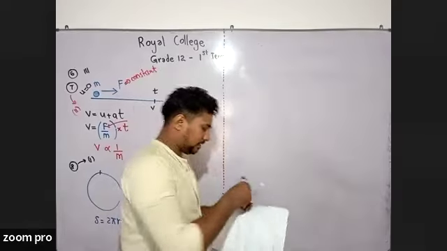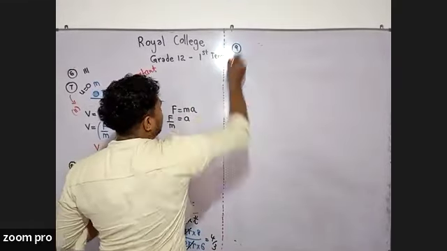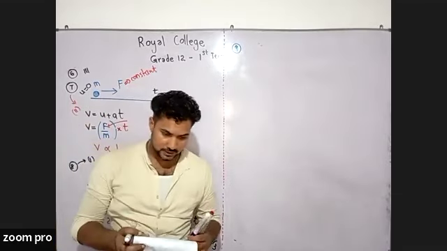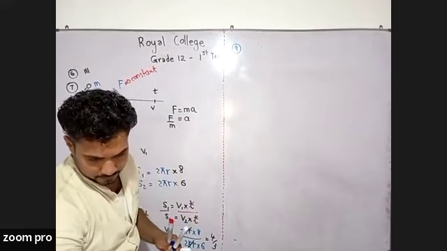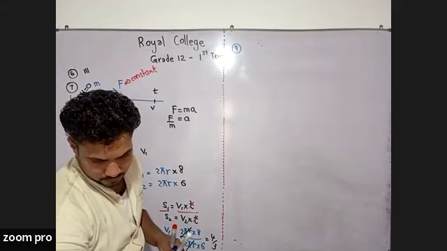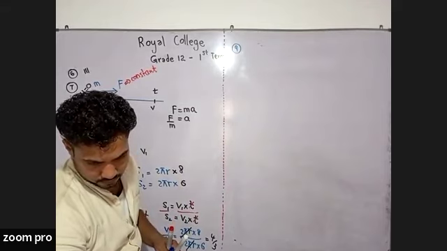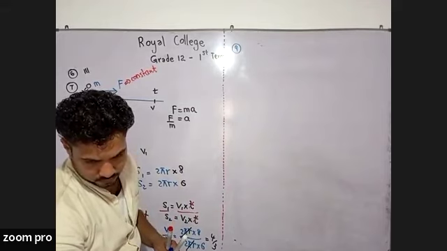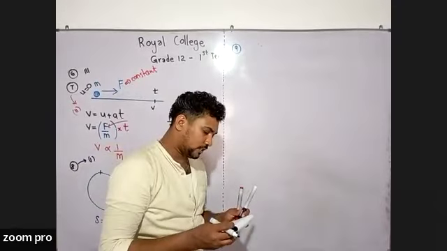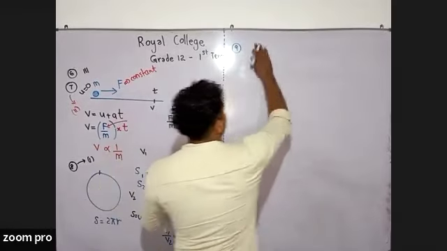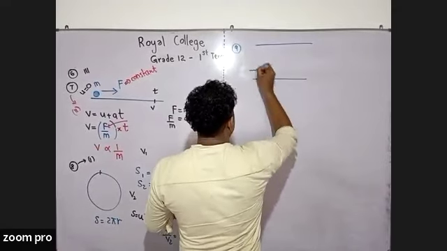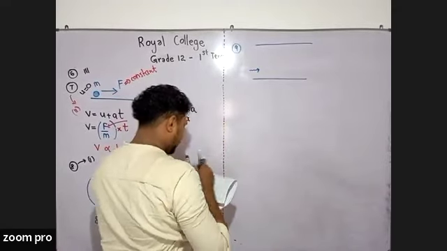Okay. Right. The ninth question is related to relative motion. The speed of water in a river is 3. Let's draw a simple diagram. The speed of water in a river is 3.